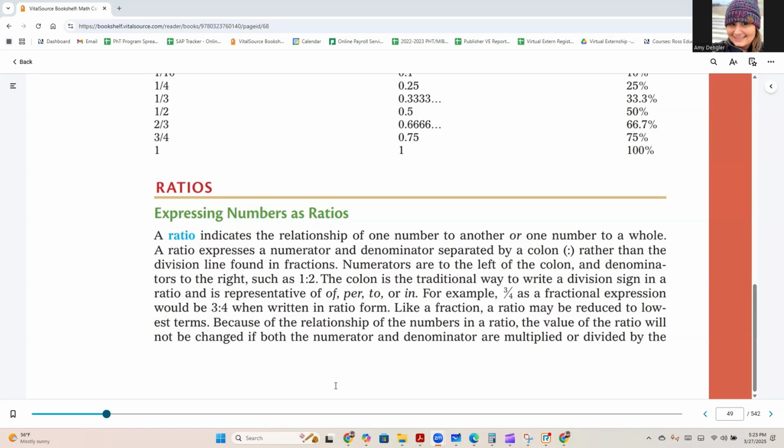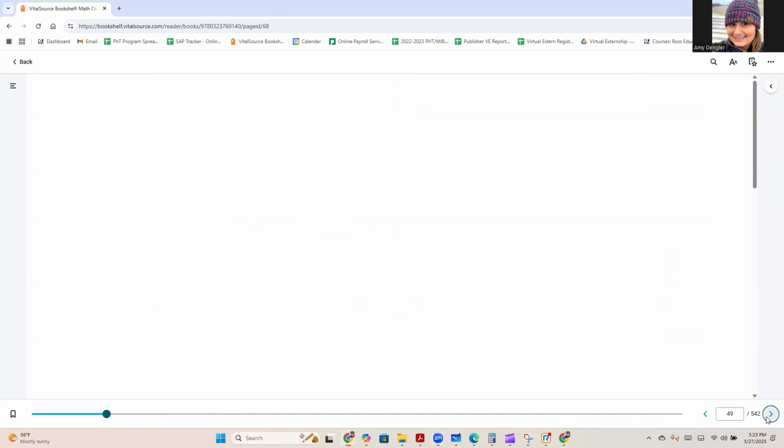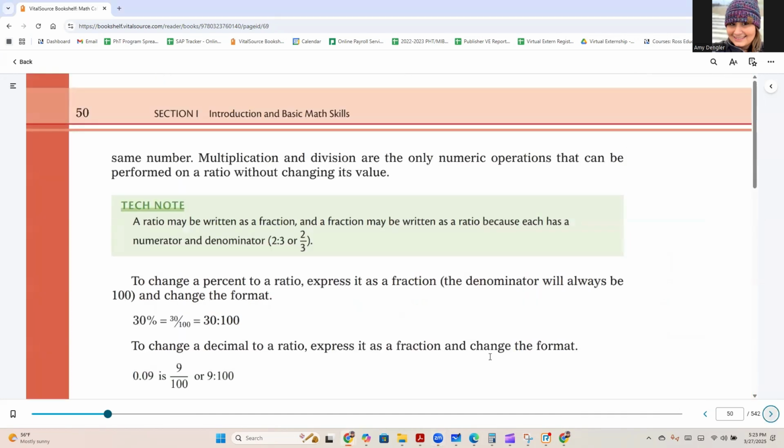For example, 3/4 as a fractional expression would be 3:4 as a ratio. Like a fraction, a ratio may be reduced to lowest terms. Because of the relationship of the numbers in a ratio, the value of the ratio will not be changed if both the numerator and denominator are multiplied or divided by the same number. Multiplication and division are the only numeric operations that can be performed on a ratio without changing its value.